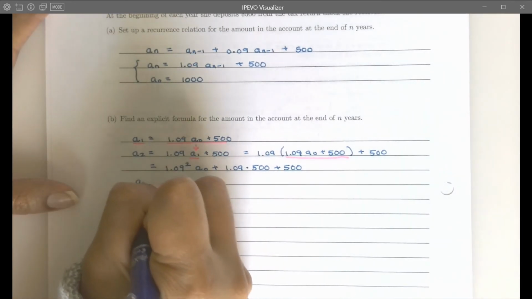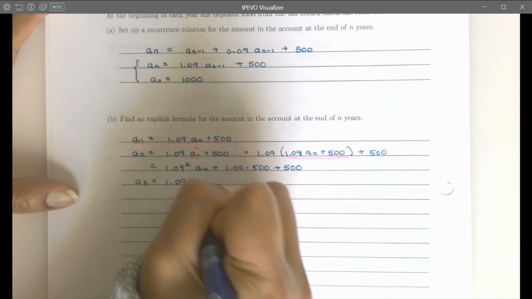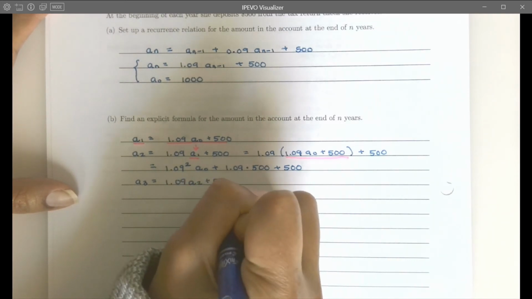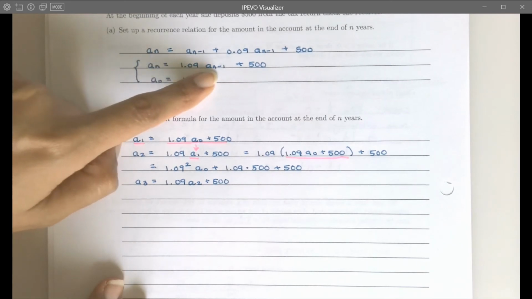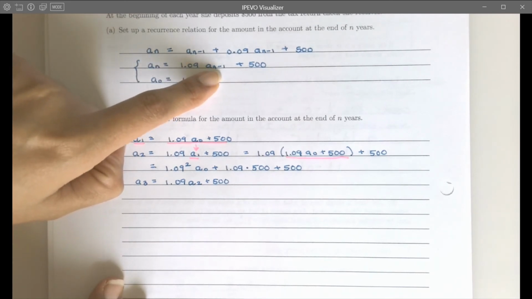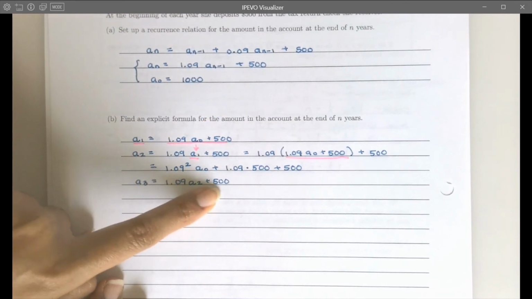Now A3. A3 will be 1.09 A2 plus 500, simply from the recursive definition, replace this with the 3 and this with the 3. So 3 minus 1 is 2, and then plus the 500, and you'll get this expression.